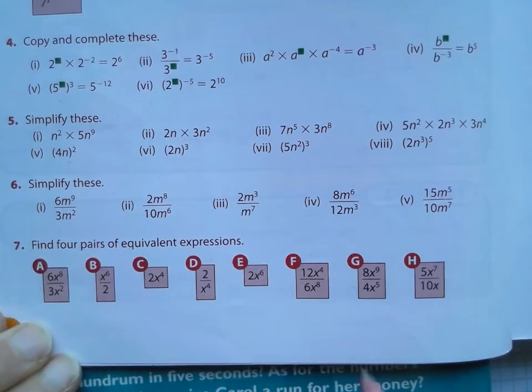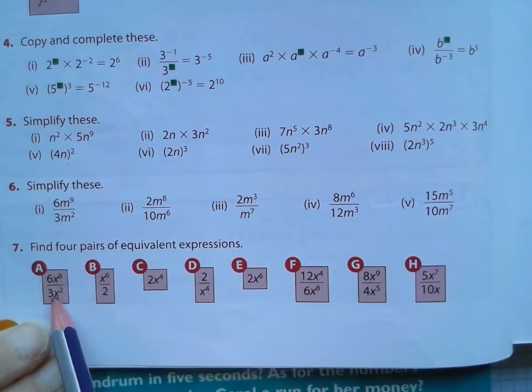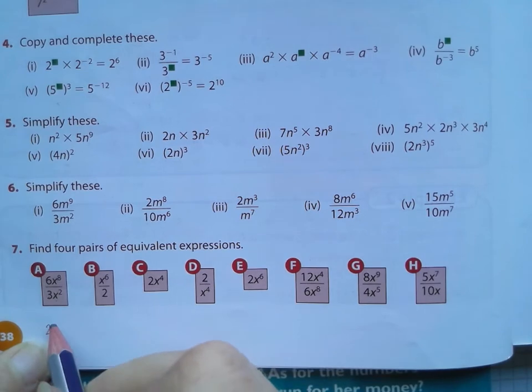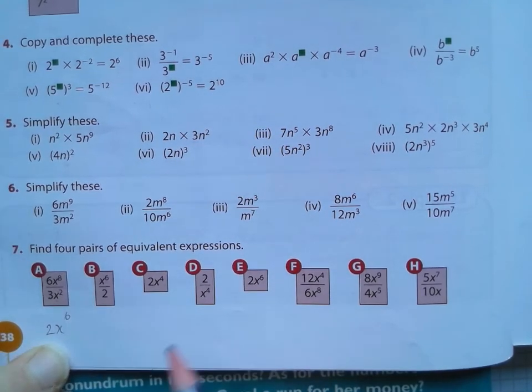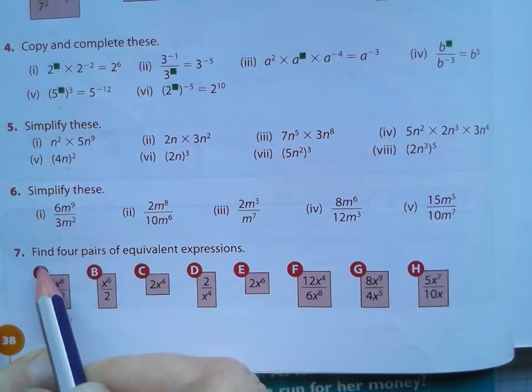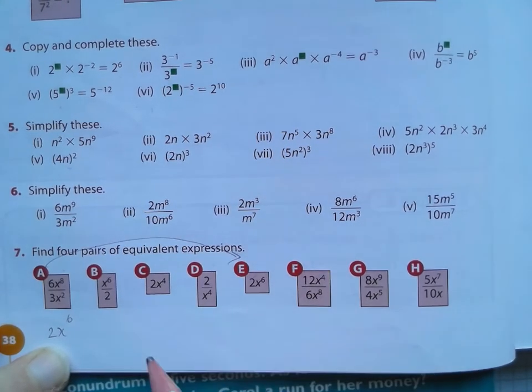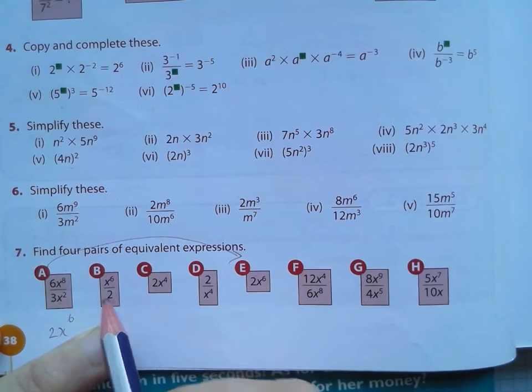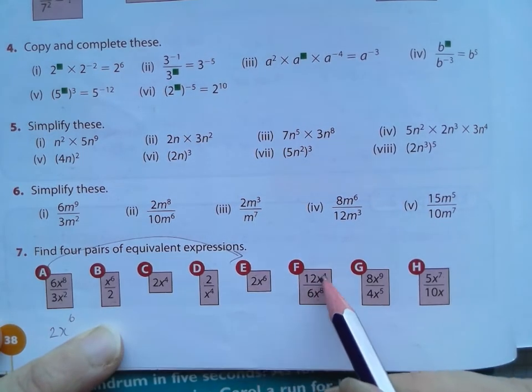So let's see. Well, this one is going to be 6 over 3 is 2. X to the power of 8 over x to the power of 2 is x to the power of 6. So there we are. That connects with that. A goes across to E. X to the power of 6 over 2. Well, let's see. This one is going to be 12 x to the power of 4 over 6x.